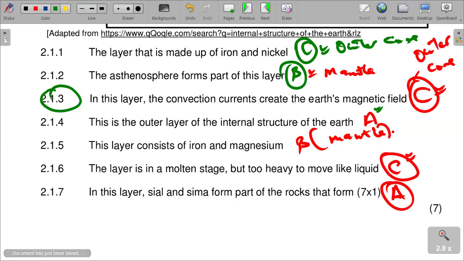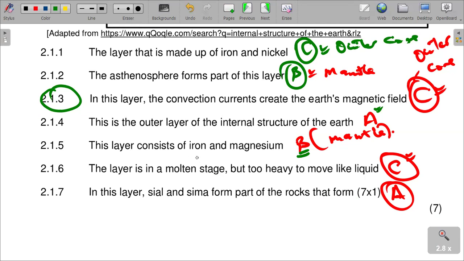From my description, I also explained that we have various minerals found in layer B. Besides iron and magnesium, we also have silicon and aluminium there.